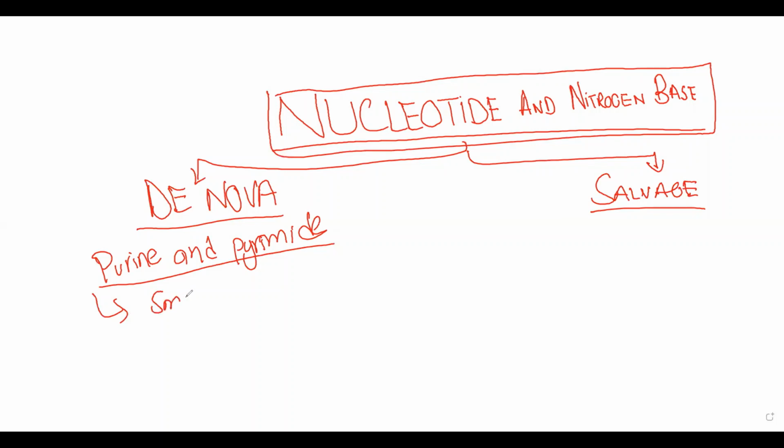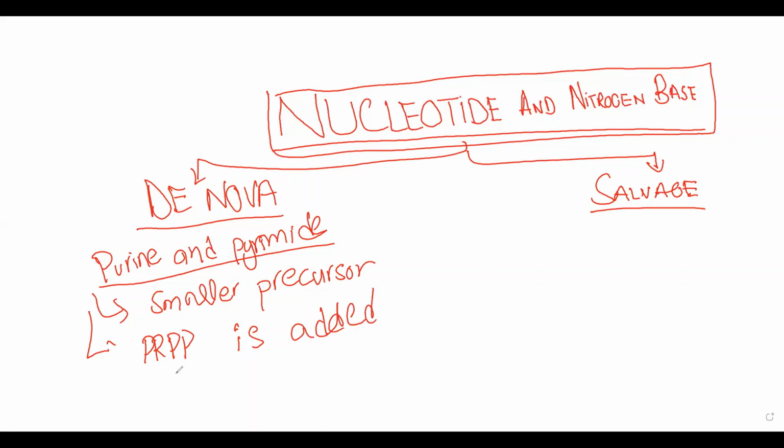And PRPP, phosphoribosyl pyrophosphate, which we will discuss in detail, is added at some point of the de novo synthesis.